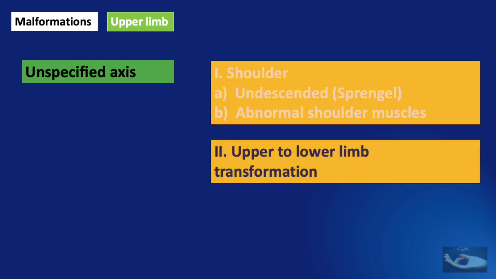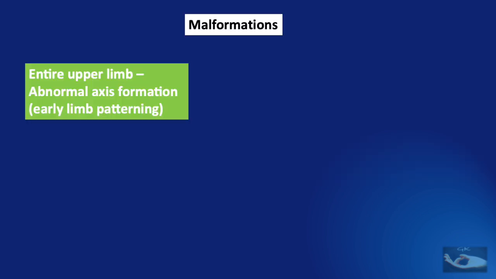Congenital hand differences in the form of upper limb to lower limb transformation can also occur in this unspecified axis. We have now completed the classification and subcategories of malformations involving the entire upper limb.